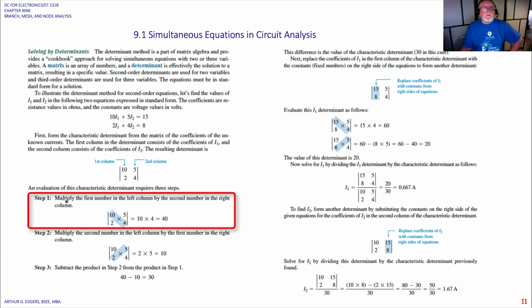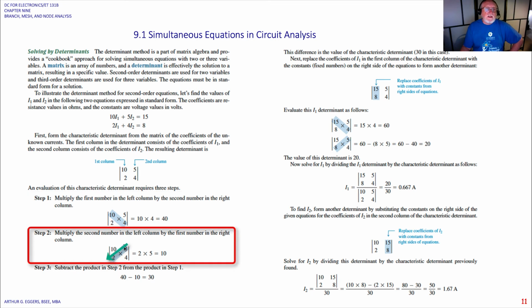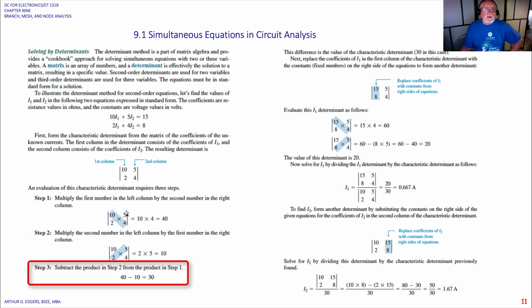The first step is we multiply the first number in the first column by the second number in the right column. You can see what we're doing here. It's this times this to start with, which gives us 40. The second step is this times this, and what we do between the two is subtract them. So it's this times this minus this times this.